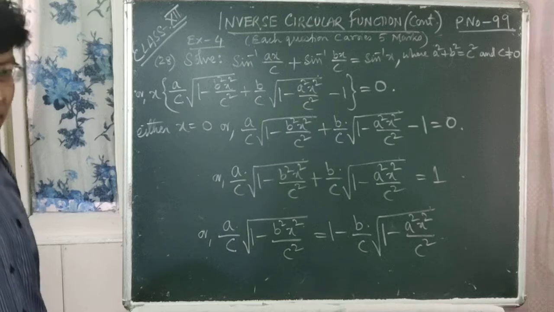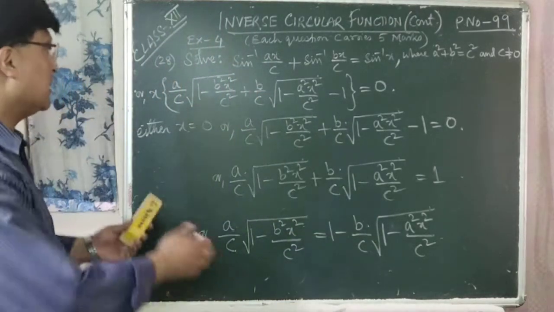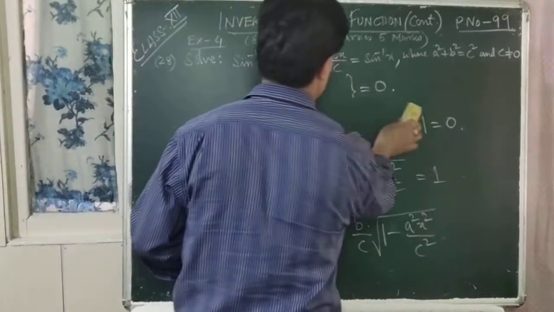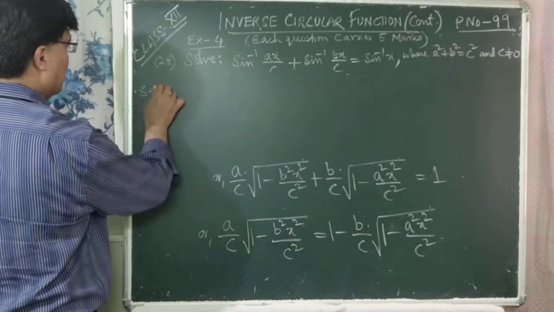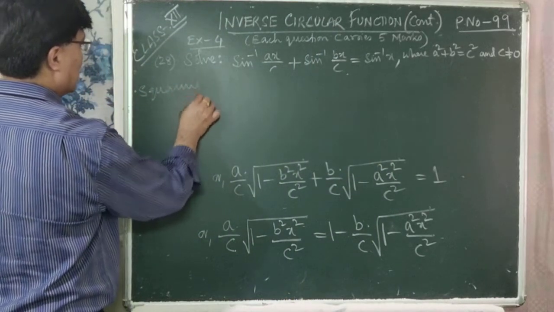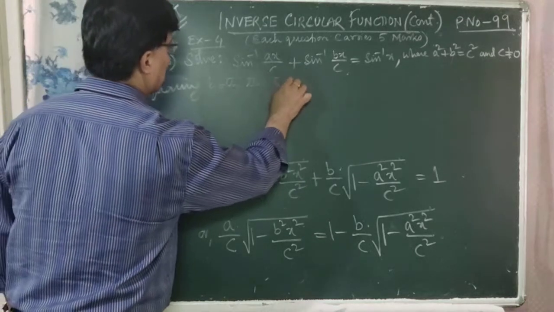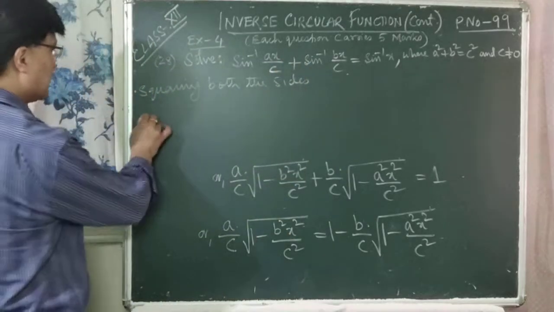So what will you do in the next step? You can square both the sides here. Let us square both the sides now. So write down squaring both the sides. So squaring both the sides, what do we get?